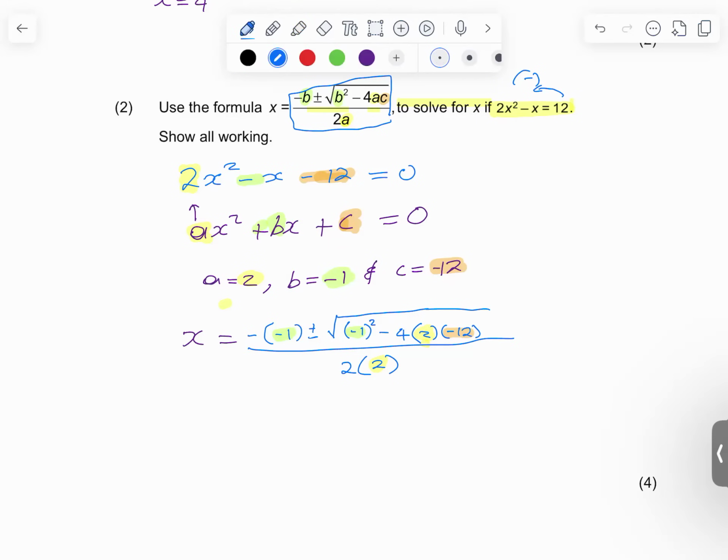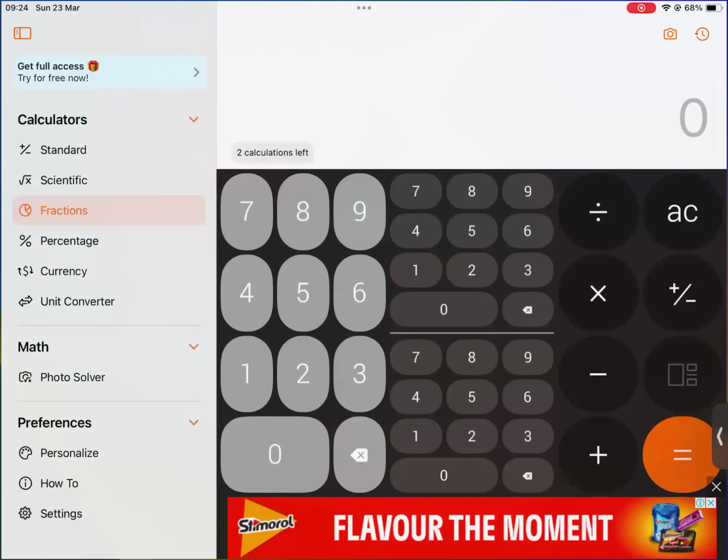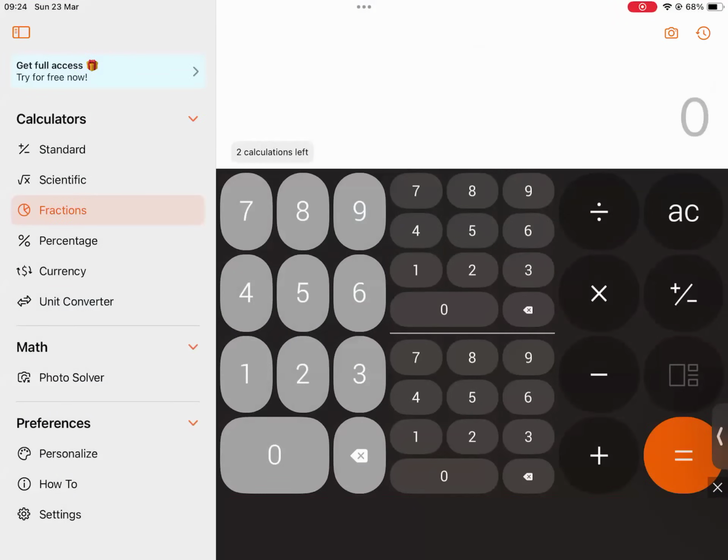Put this into your calculator. You've got negative... This one doesn't have brackets. I wanted to write it in brackets.